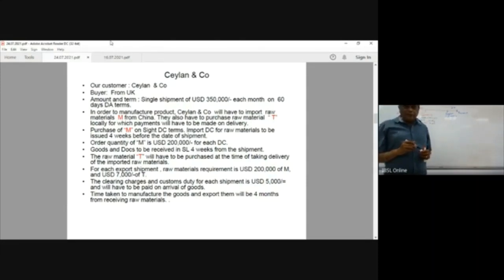The clearing charges and customs duty for each shipment is US dollars 5,000 and will have to be paid on arrival of goods.